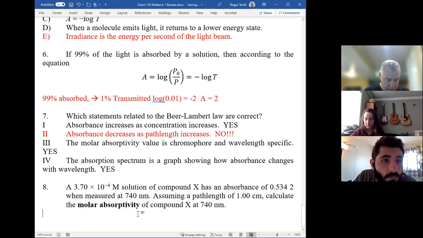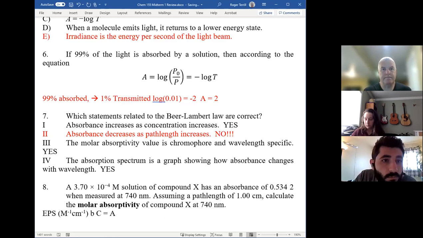Absorptivity is epsilon, and it has units of per molar per centimeter, right? And we know that epsilon times b times c is equal to A.